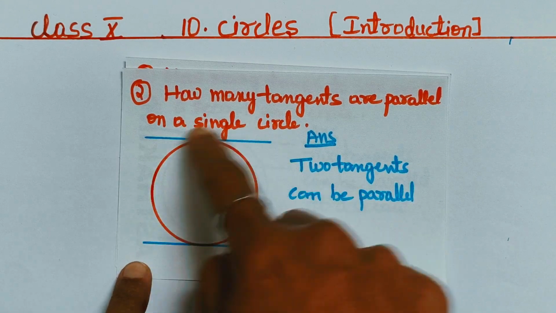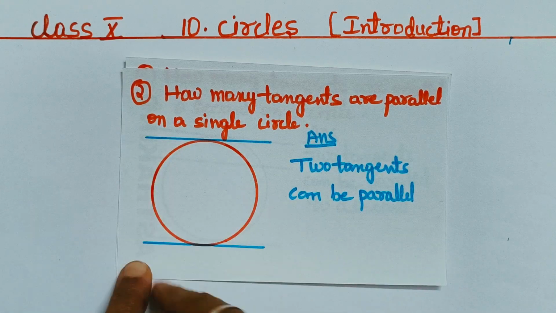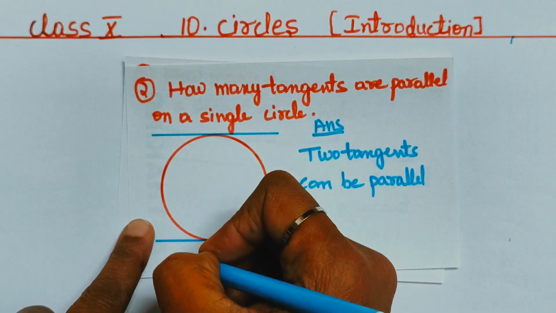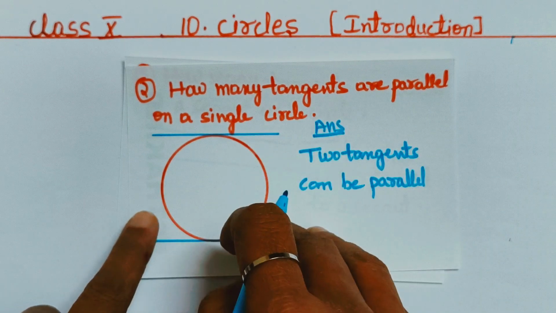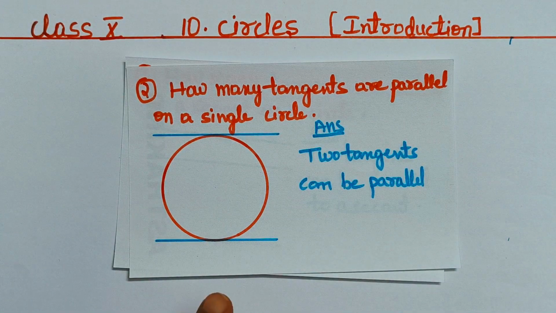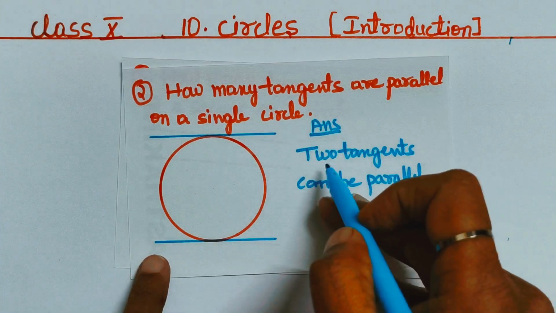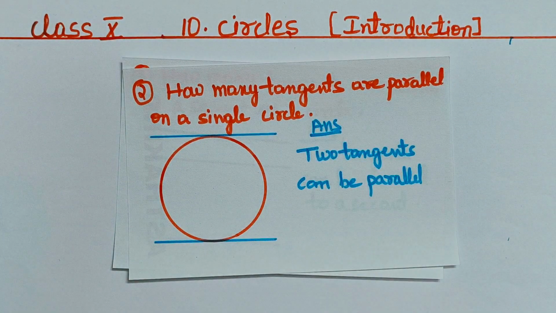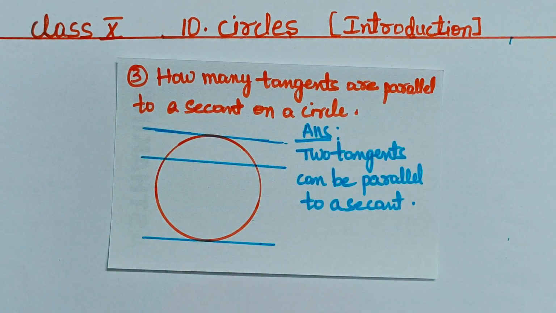Like this, on any circle you can take one parallel here, and one parallel here. So on a single circle, two tangents are parallel. Here one tangent, here one tangent. Next, third question.